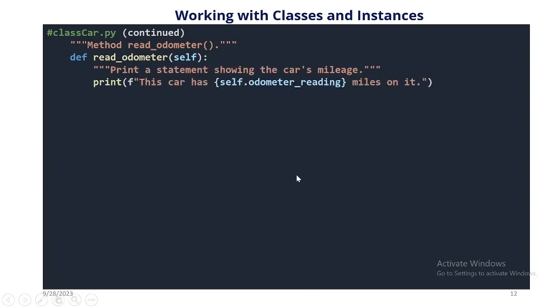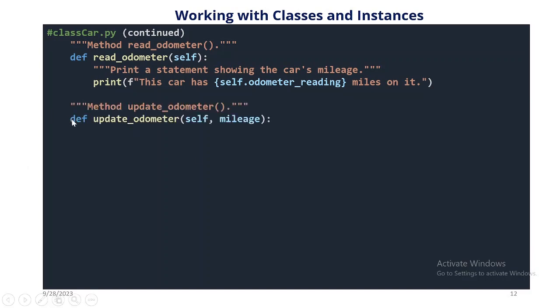So let's see read_odometer. This prints a statement showing the car's mileage. So we say print this car has self.odometer_reading miles on it. So we have now accessed the odometer reading attribute of the class. Originally it is 0. So what it is going to print there is 0.